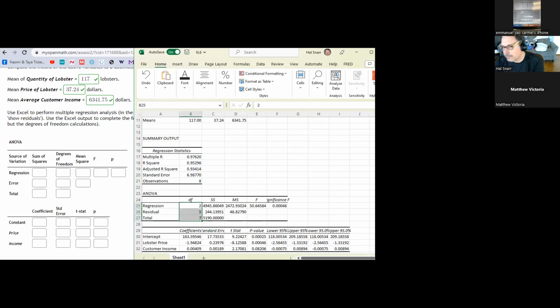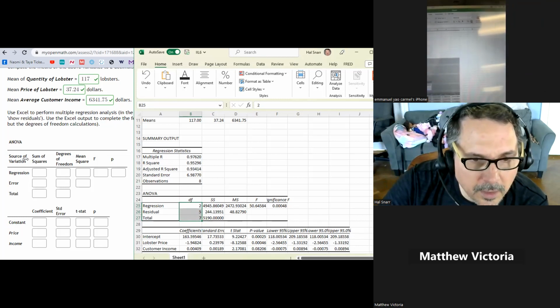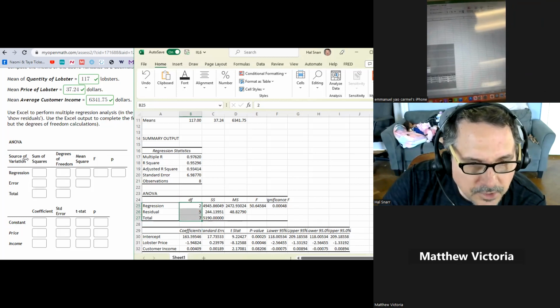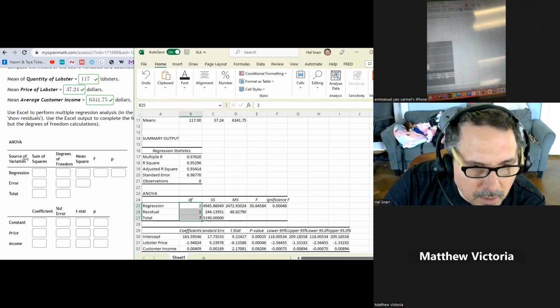Oh, you're showing me the screen? Yeah, can you see? You want 5 decimal places, right? It looks like you got 6, so you need to back it off a little bit.